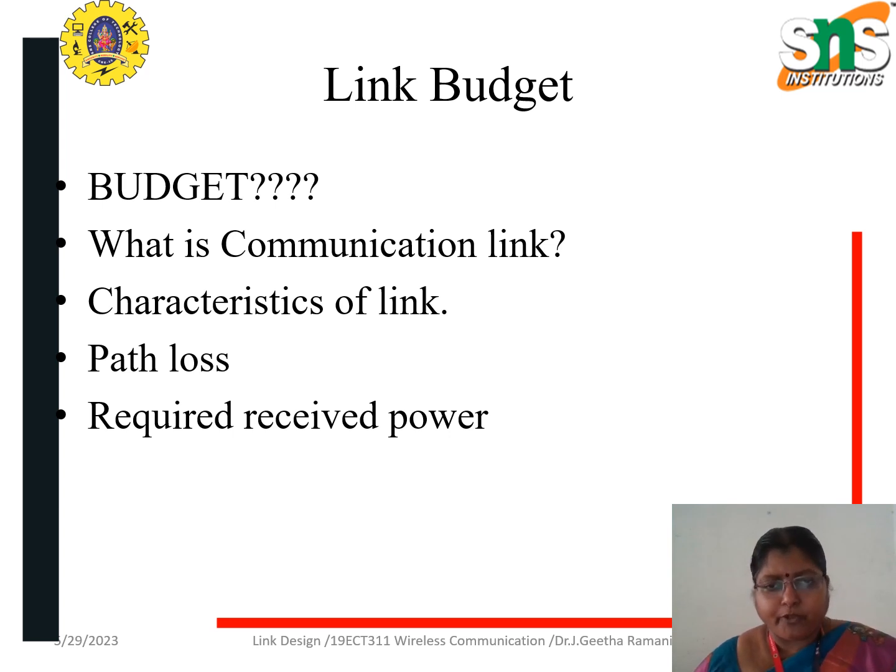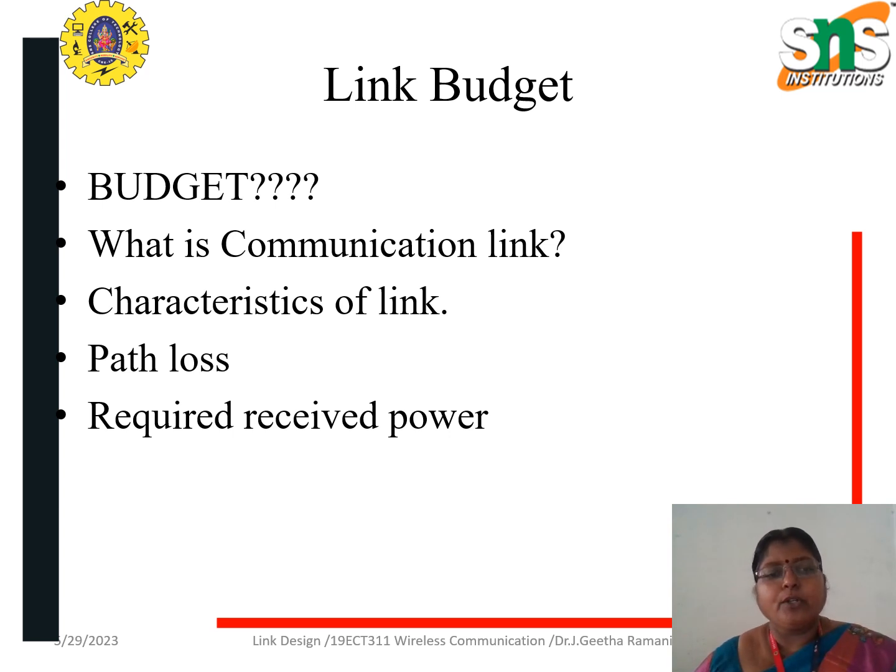What is the type of the link, whether it is wired or wireless, and what is the path it followed, either line of sight alone or it may have some losses, and what kind of losses might occur in between. So we have to study the characteristics of the link, and based on the characteristics we calculate the path loss.